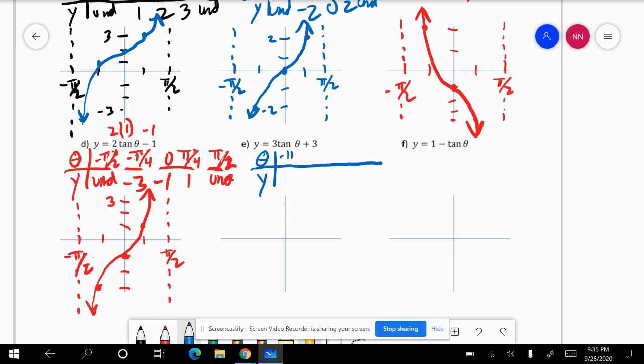So we have negative pi halves, negative pi over 4, 0, pi over 4, and pi halves. We start with undefined, we end with undefined. When we plug in a -1, it becomes a -3 plus 3 is 0. When we plug in a 0, it becomes 0, so we have 3. And when we plug in a 1, we get 6. I'm going to go by 2's.